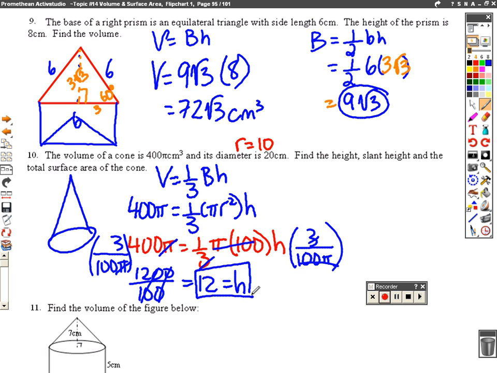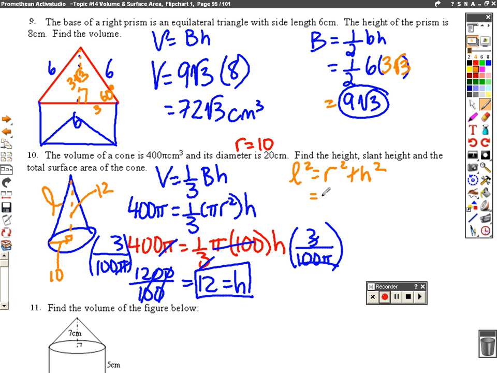Slant height I need to find. So let's look at our picture of the cone. The h we now know is 12, and the radius we know is 10. And we had said a while ago that there was this relationship between the slant height, which is down the side of the cone, that L squared equals R squared plus H squared.